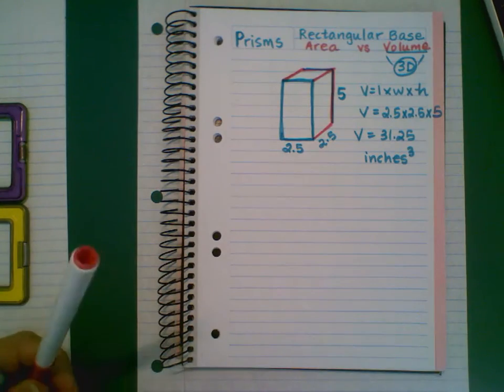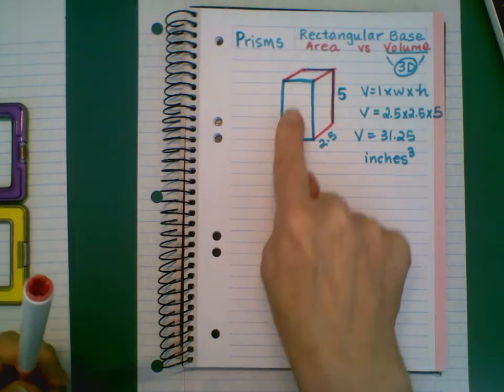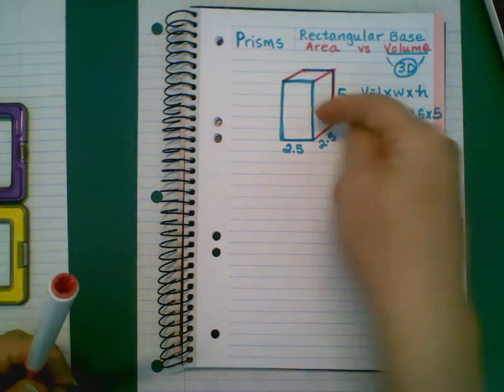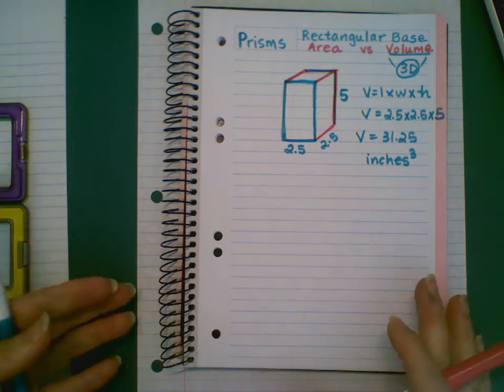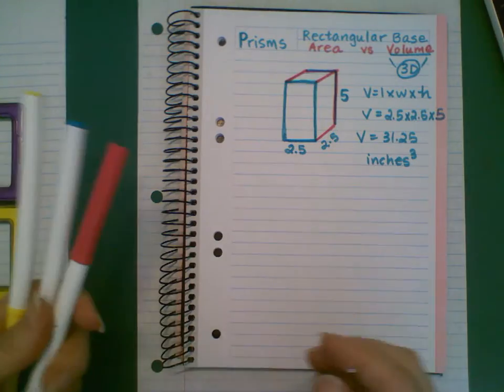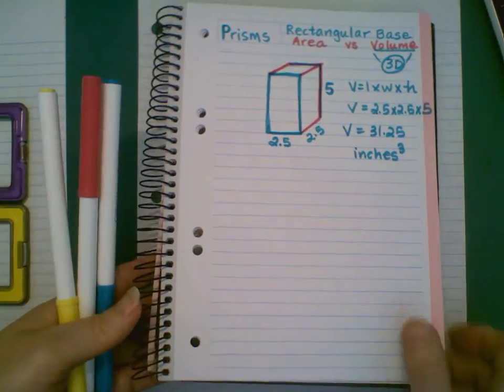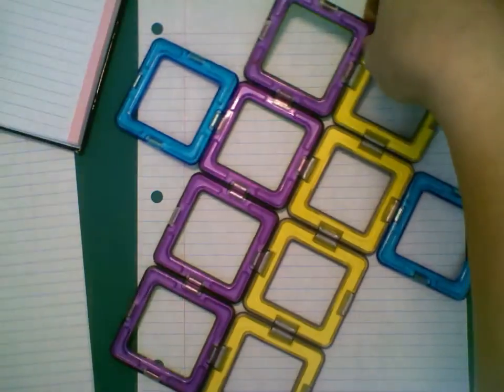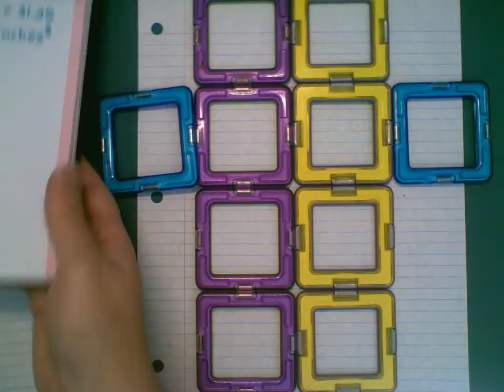Now, to find the area, I could manipulate this object in my mind and think about the rectangles that make up each of the sides and the 2 little squares on the top and the bottom. But instead of that, I'm going to show you a net. So here's the net for a particular rectangular prism.